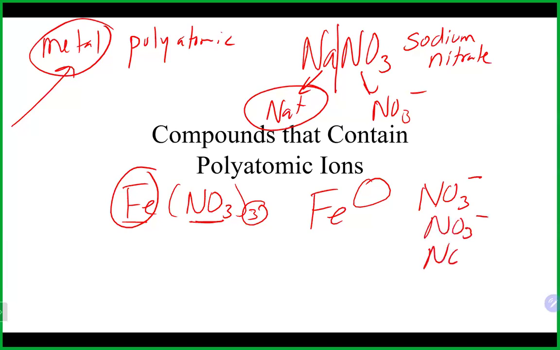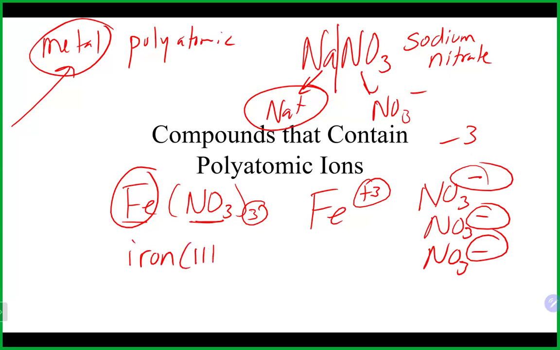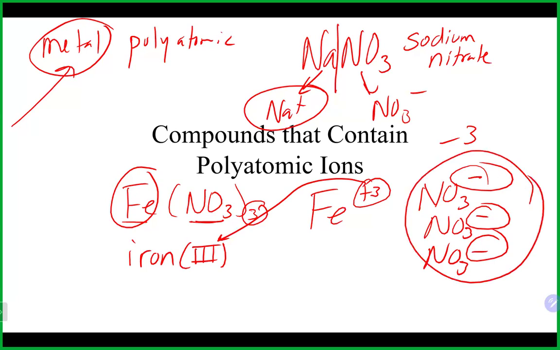And if we add up our negative charge, -1, -2, -3, we know again here that the iron has to be +3 to balance it out. And we would call this iron Roman numeral 3, once again for the charge. And just like we did with type 2 and type 1, doesn't matter how many polyatomic ions you have, you just roll with the name of it, which would be nitrate. So this would be iron 3 nitrate in this case.